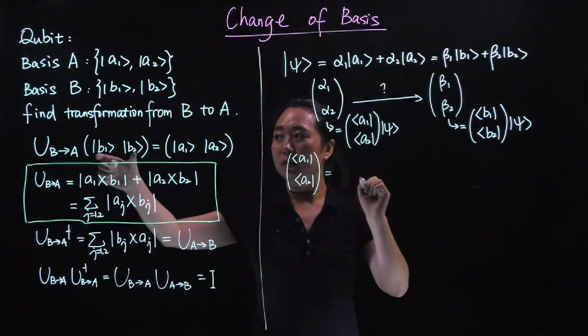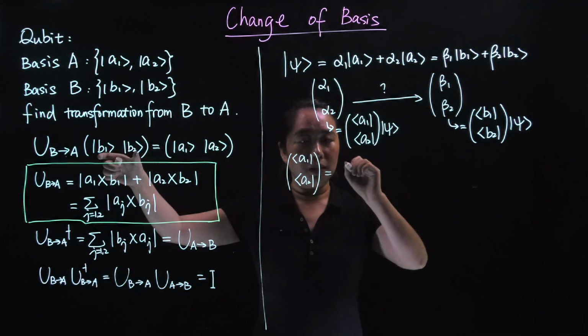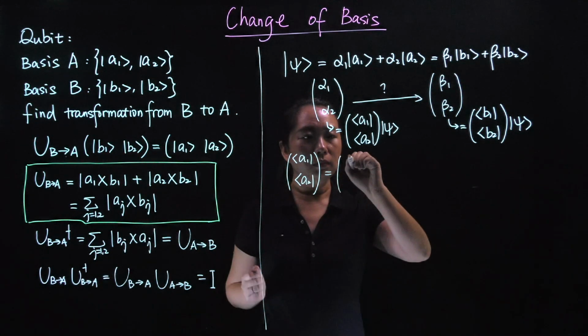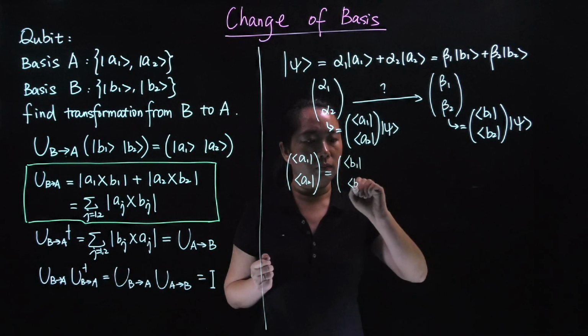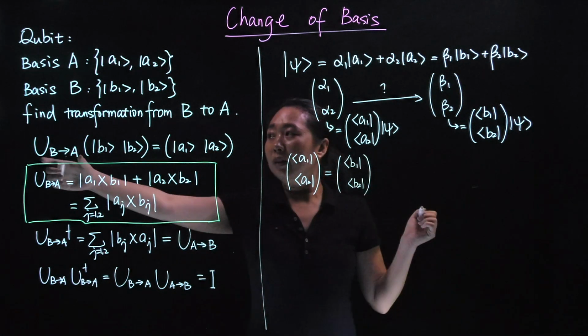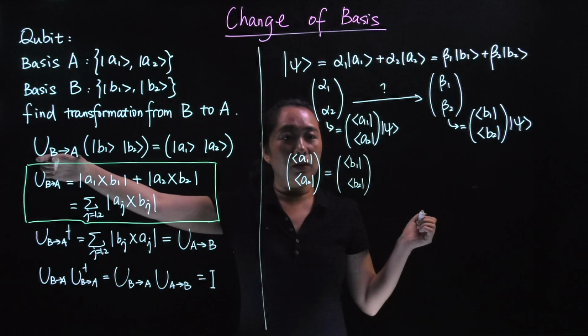This would give us the column of bras of the B basis, and then the Hermitian adjoint of this U operator.